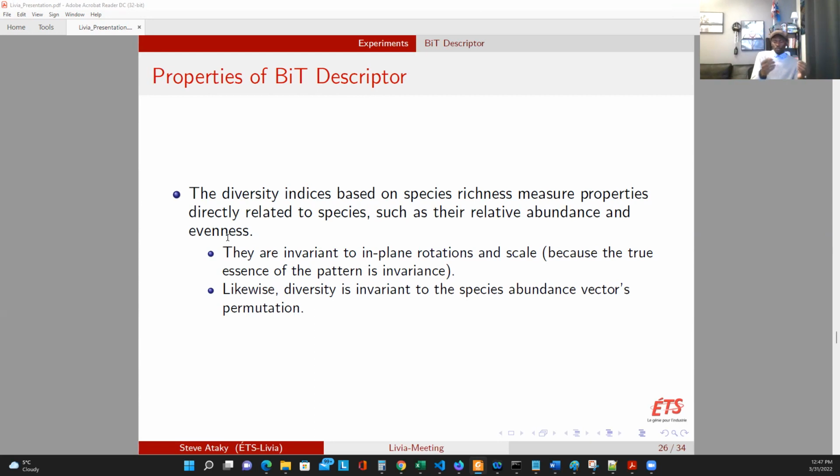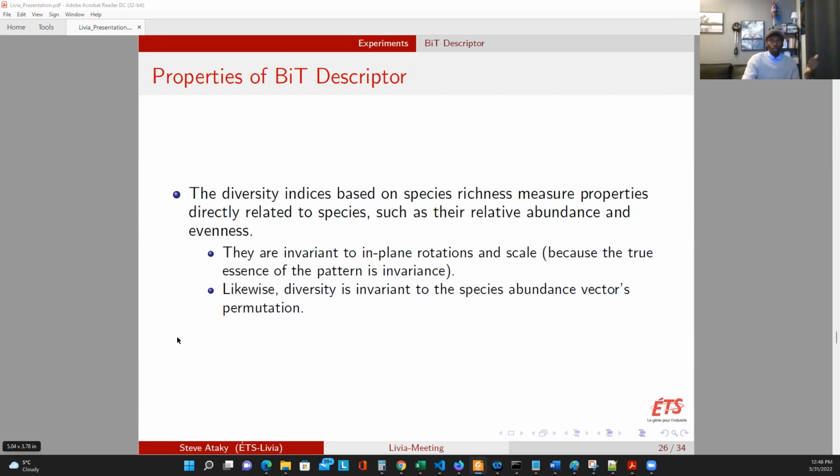The descriptor that we are proposing, we name it BIT, bio-inspired textural descriptor. It takes advantage of ecological patterns, as I said, invariance to permutation, rotation, and scale, by combining richness, abundance, evenness, and taxonomic indices.